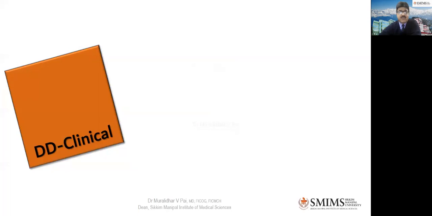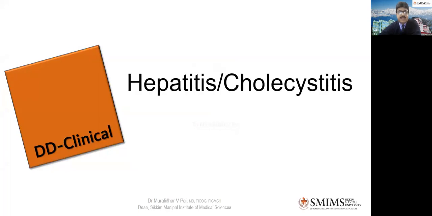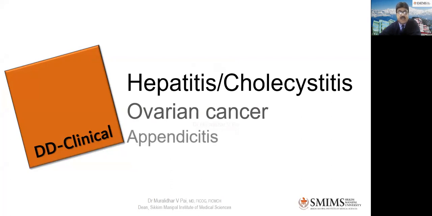What's the differential diagnosis clinically? Hepatitis, cholecystitis, ovarian cancer, because as I told you, it may look like one. With ascites there and a mass on the ultrasound, you have to consider ovarian cancer. Appendicitis, especially if the mass happens to be on the right side.